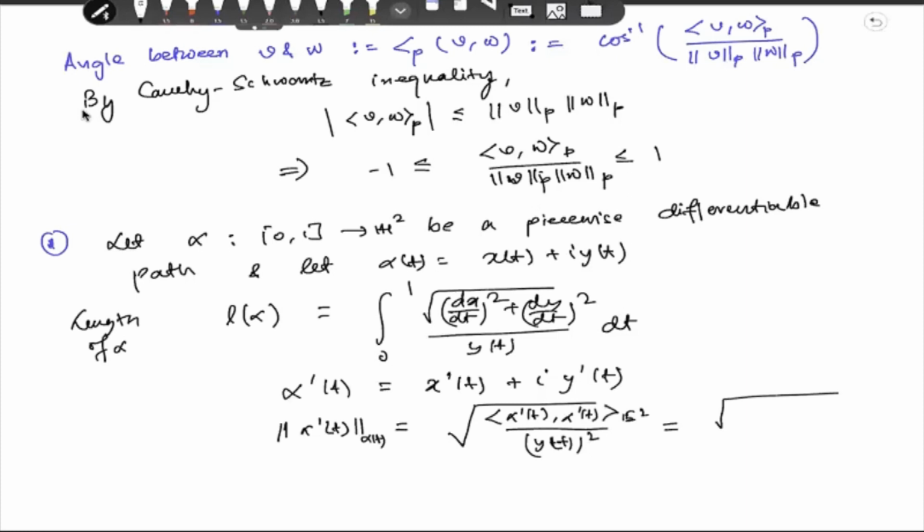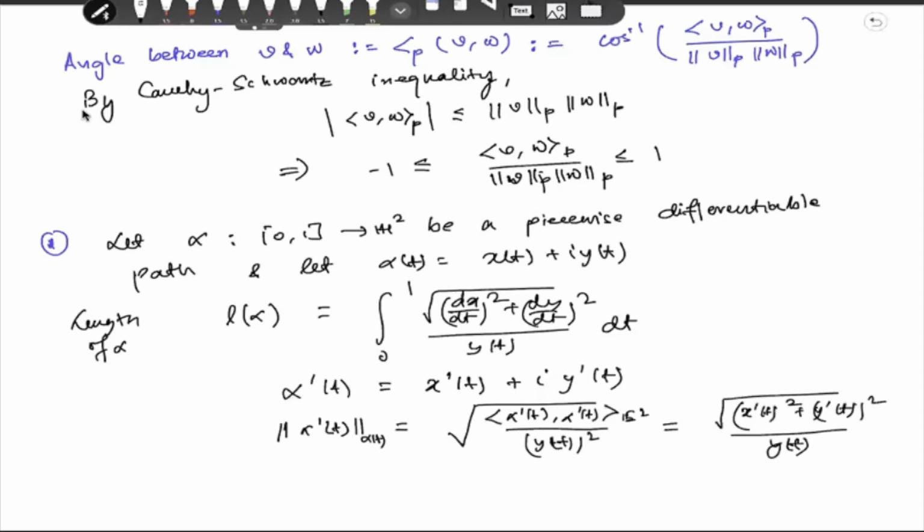In the numerator we have the square of the norm of alpha prime t, and that norm is the Euclidean norm, which is nothing but (dx/dt)^2 plus (dy/dt)^2, that is x prime t squared plus y prime t squared, divided by y t.